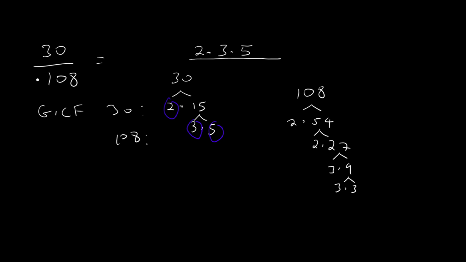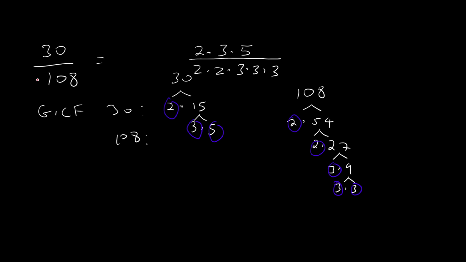And we stop here because it doesn't make sense to do 1 and 3, since a prime number can only be divided by 1 and itself. So these numbers here are prime numbers, and we're going to write them on the denominator. Let's write down 2 times 2 times 3 times 3 times 3.